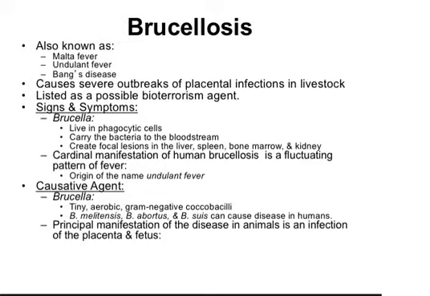Brucella melitensis, Brucella abortus, and Brucella suis can cause the disease in humans. The principal manifestation of the disease in animals is an infection of the placenta in the fetus. Human placentas do not become infected.